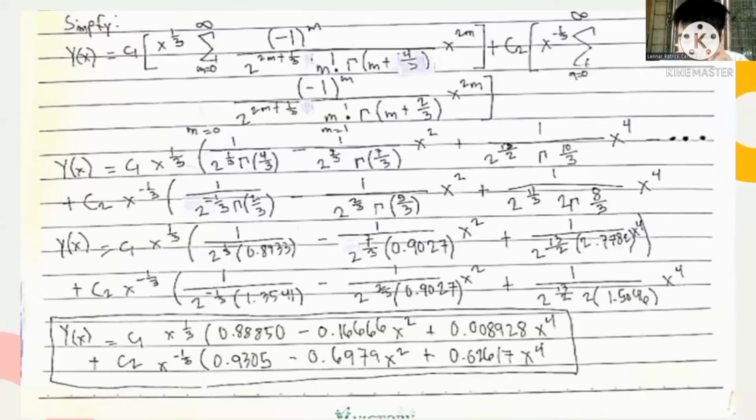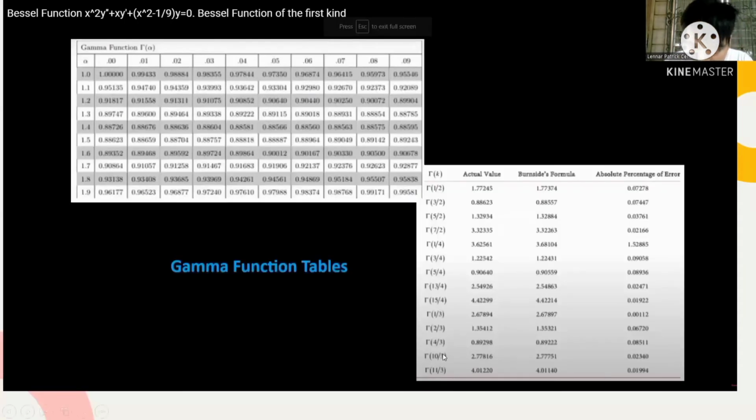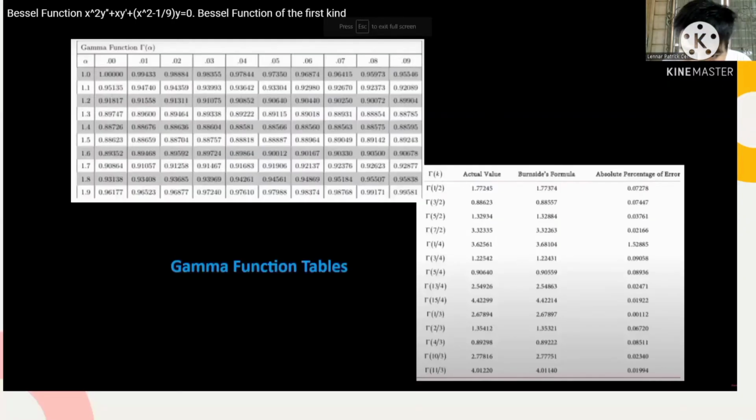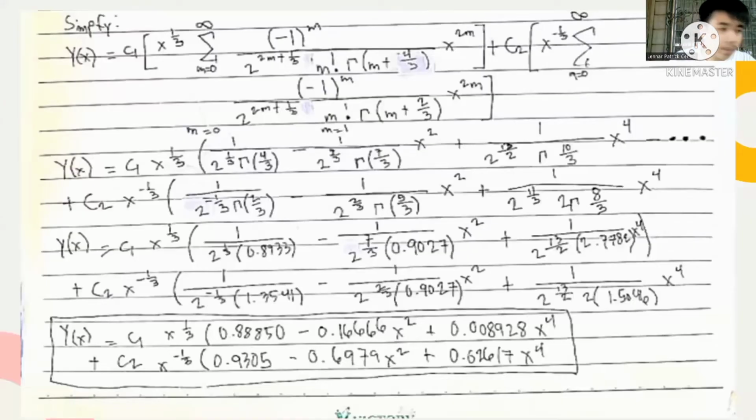Ayun, yung value niya 2.778. Ang susunod naman yung 1 over 3, yung R2 over 3, yun nga yung una kong sinabi na 1.35412. Ang next na hanapin yung R 5 over 3.